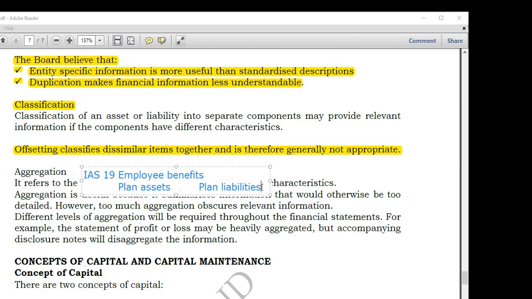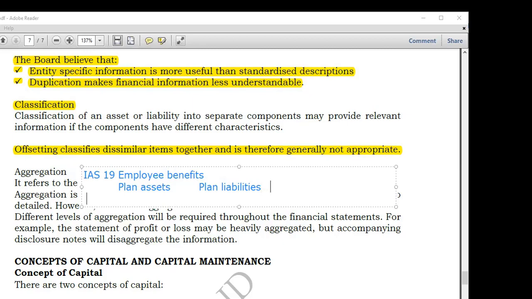Or it's kind of compensation. Now, the standard itself requires that you do not need to show the plan assets and the plan liabilities specifically. It needs you to show the net plan assets or net plan liability.